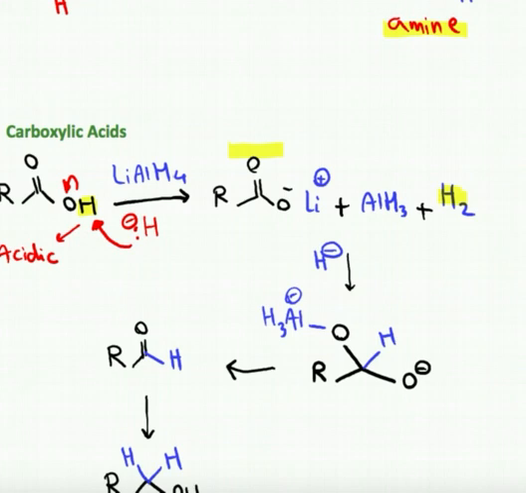Now, in the second step, the hydride is going to attack the electrophilic center. We break that bond, and we get our tetrahedral intermediate right here. And then the electrons on this oxygen are going to make a double bond, kick this oxygen out, and we'll get our aldehyde.